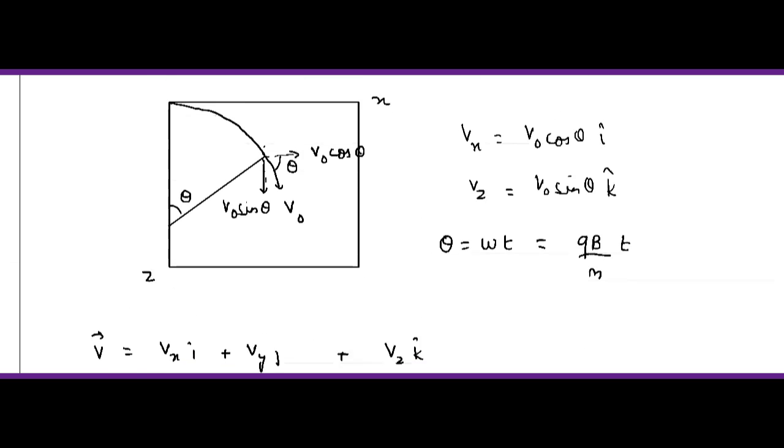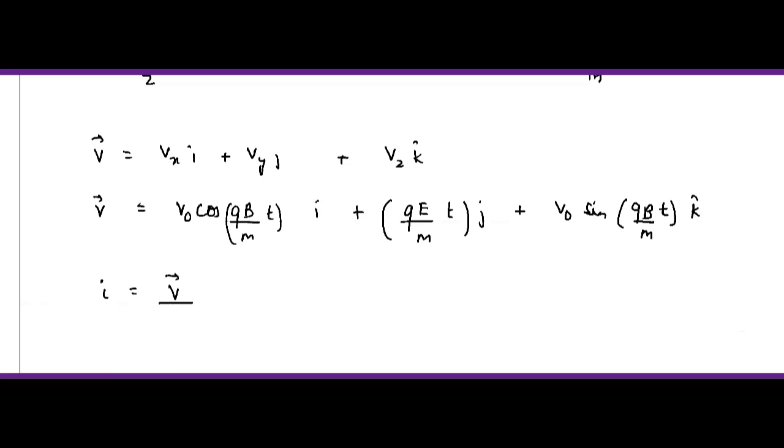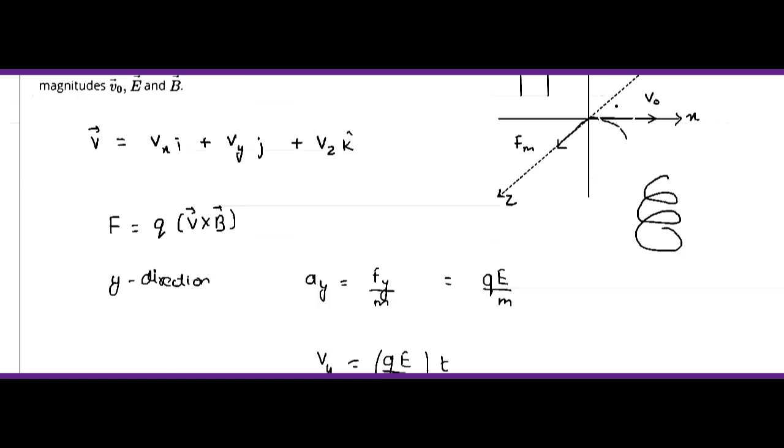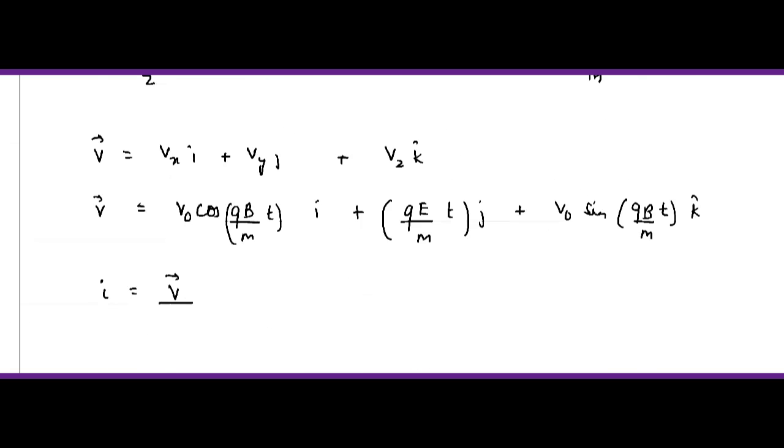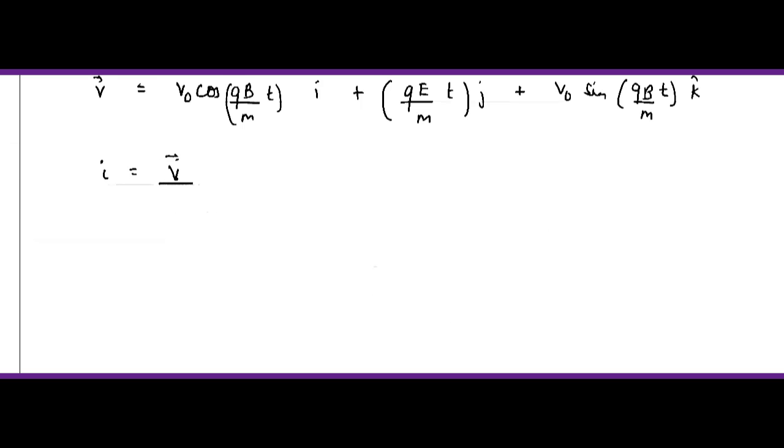We saw in the initial situation that the velocity vector is given as v naught, and if we divide it by the mod, it would be v naught vector divided by mod of v naught. So we can write our i value as v naught vector divided by mod of v naught. Okay, this would be the i.